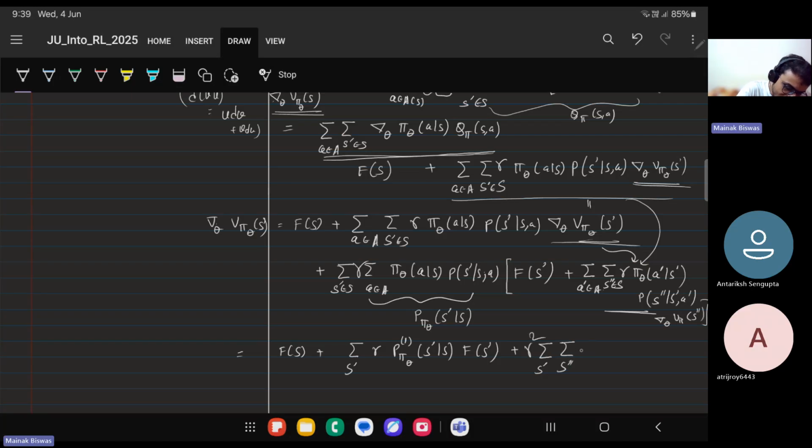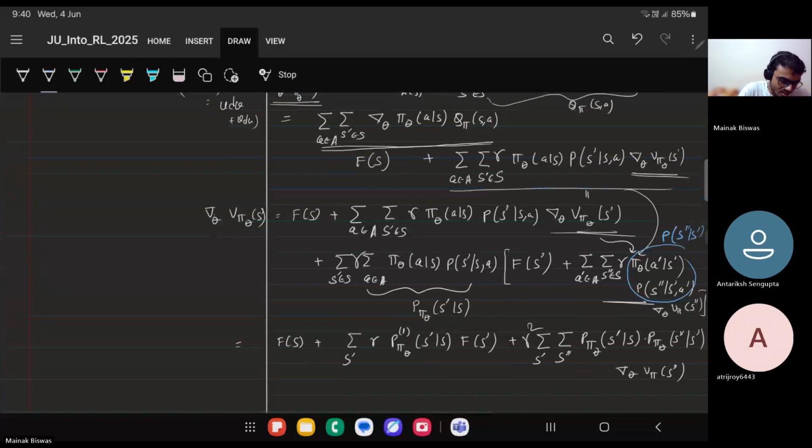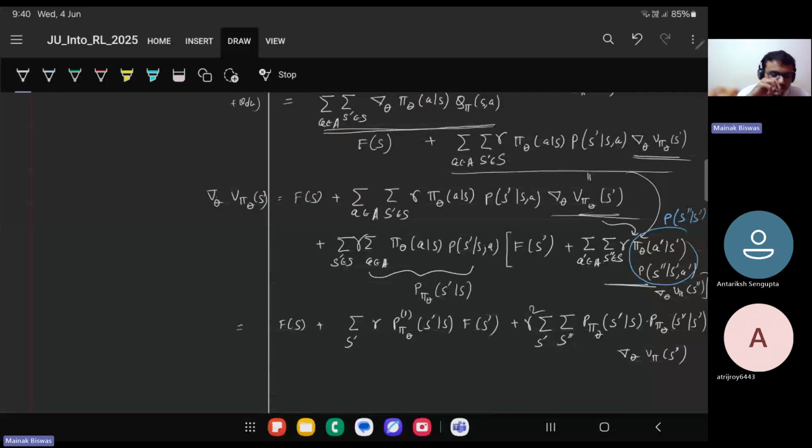S dash S double dash, P pi theta of S dash given S, pi theta of S double dash from S dash. Is this correct? Yes. This entire thing I summed up to be P of S double dash given S dash. Got it. So if you have got it, now you have to tell me what does this actually mean?